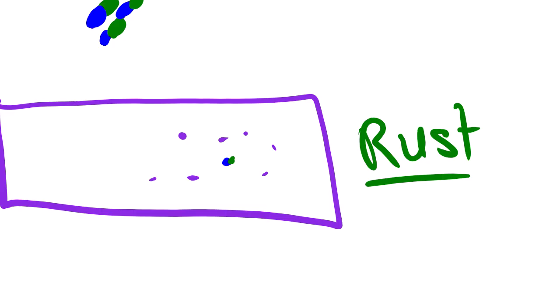And now you can tell me rust is not an element. Rust is not an element. Why? Because for you to define an element, you need to know that the substance that you want to call an element must have its own atoms that are purely single atoms, that are all the same.